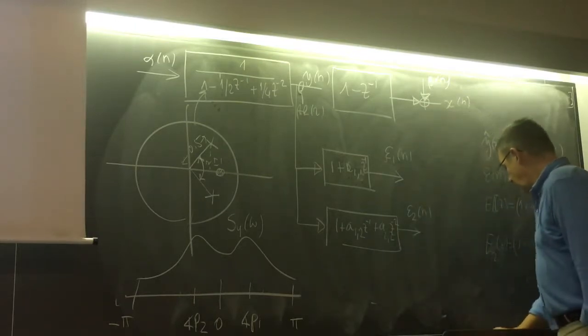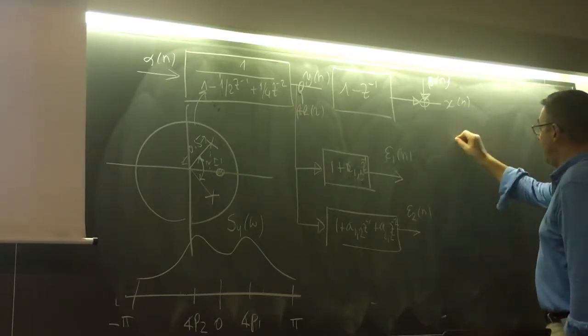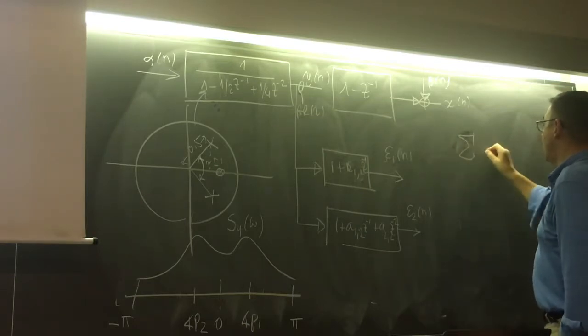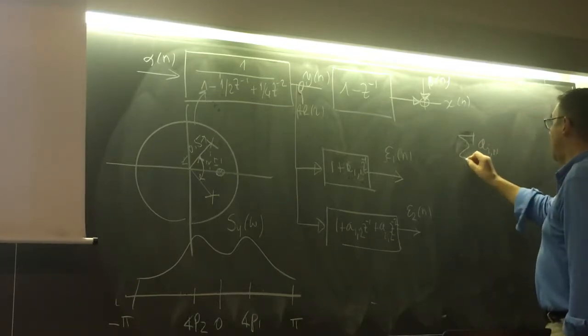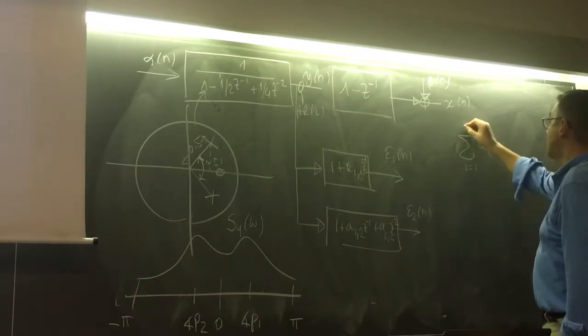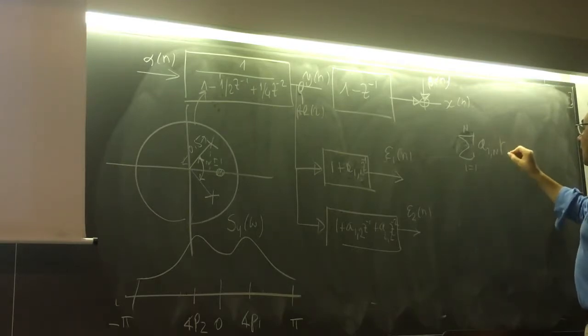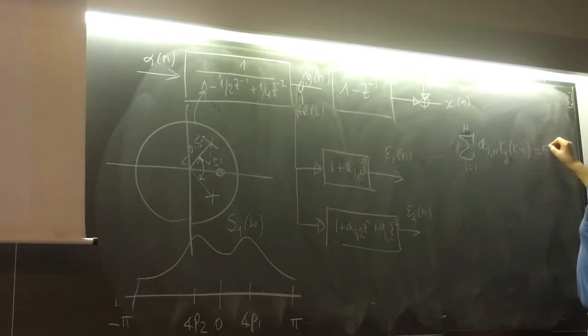So the Yule-Walker is now written in the following way: 1 plus the sum over the set of coefficients a_i, linear predictor of order n, i going from 1 to n, times the autocorrelation of the input R_y(k minus i), is equal to sigma squared epsilon, the power of the linear prediction error, multiplied by delta_i.